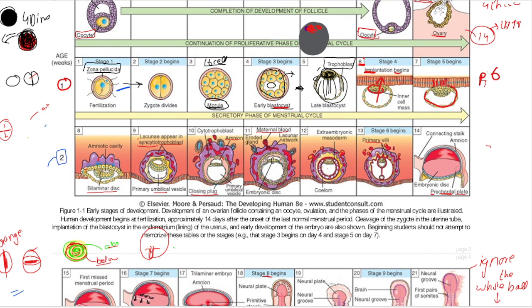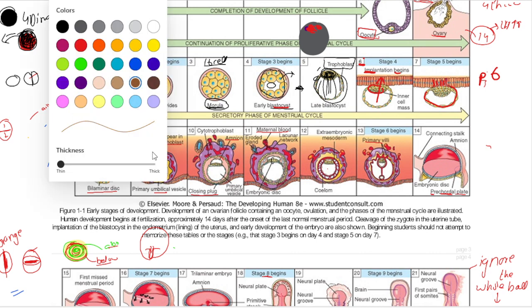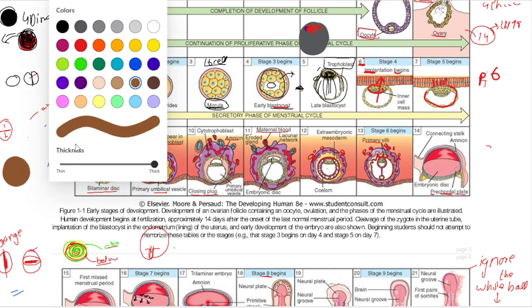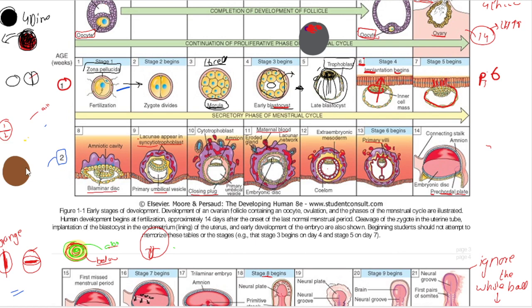Wait, I will draw you a ball again. This is a ball, and this ball has an outer covering that is called the trophoblast.